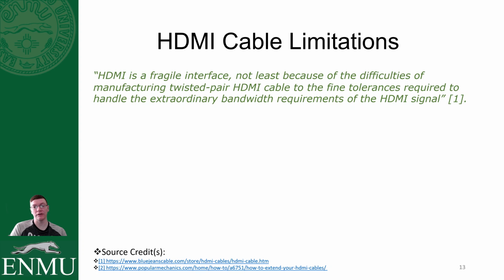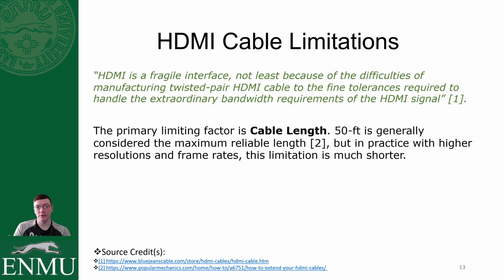They work with Belden to get perfectly matched lengths of twisted pairs for those TMDS channels, and there's no signal skew because of that. Also a little bit outside of the scope of this, but one thing they did say about HDMI is that it's a fragile interface, not least because of the difficulties of manufacturing twisted pairs, fine tolerances, and the extraordinary bandwidth requirements of the HDMI signal.